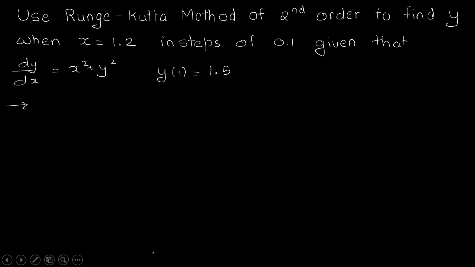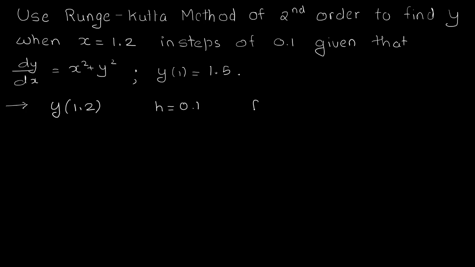Use Runge-Kutta method of second order to find y when x equals 1.2. So you have to find y of 1.2 in steps of 0.1. Now steps of 0.1 says that h is equal to 0.1. Given that dy by dx is equal to x square plus y square, and y of 1 is equal to 1.5.